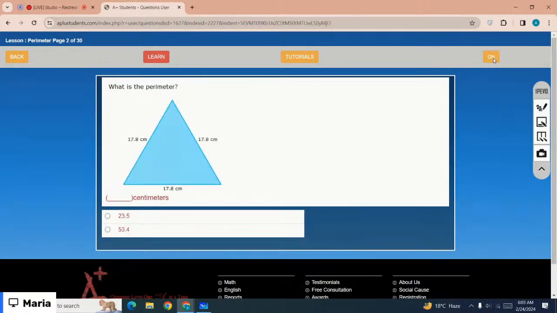Okay, the next one is, what is the perimeter? So which is the correct option? The correct option is, yes, that is 53.4 is the correct option.